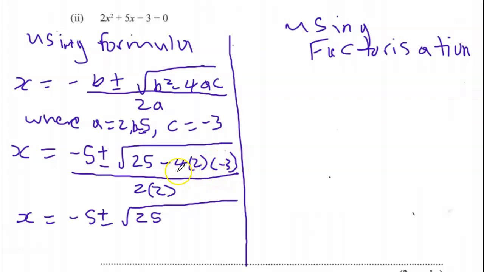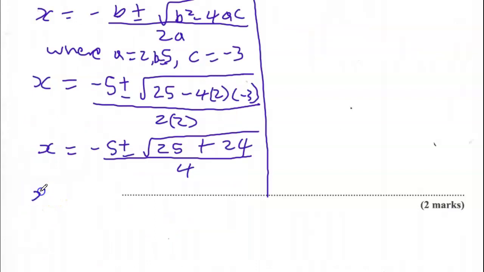Minus 4 times 2 is minus 8, and minus 8 times minus 3 is positive 24. All over 2 times 2, that's 4. So x is minus 5 plus or minus the square root of 49, over 4.